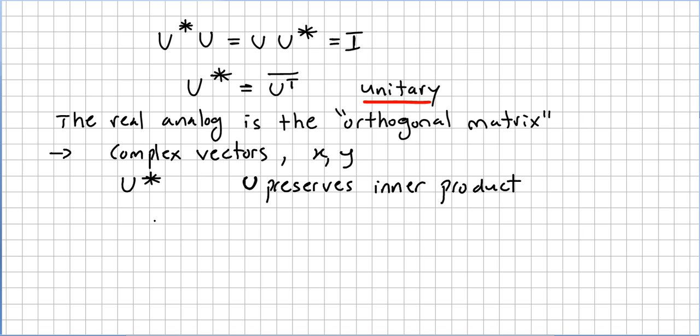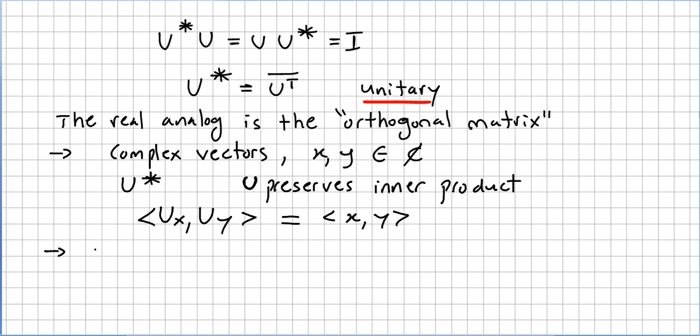So let me write this: we have U times x, U times y, the inner product of those two, where x and y are complex vectors, right? So Ux inner product Uy will be equal to the inner product of x and y. Okay, the inner product is preserved.